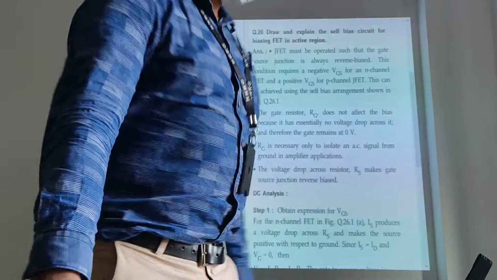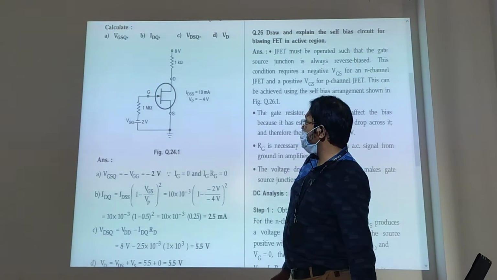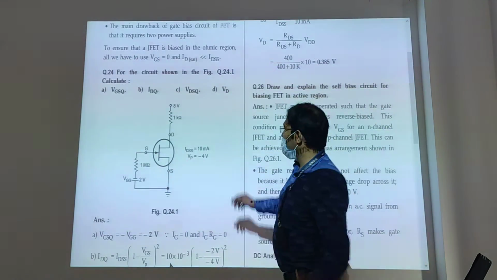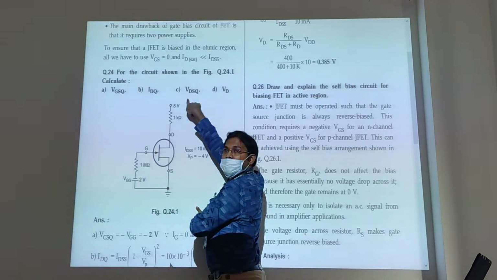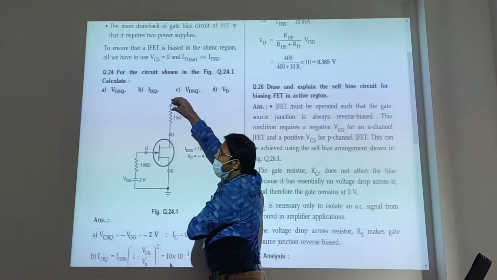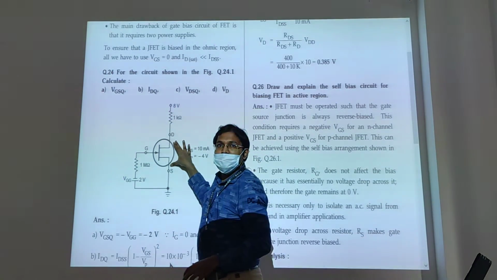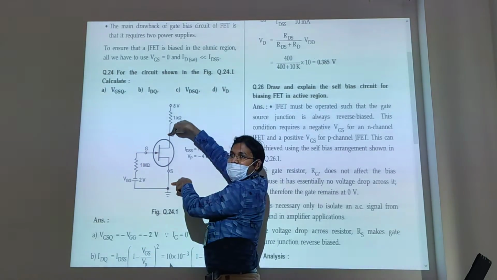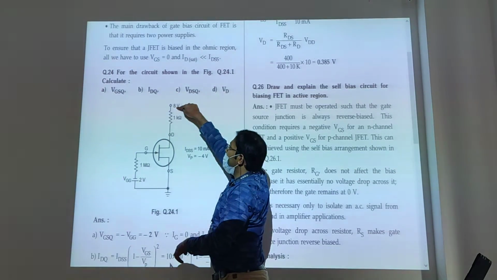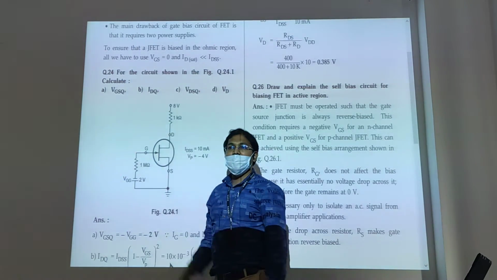Raise your hand. Next, VDSQ. How can we get this? The total supply is equal to this voltage plus this voltage. So this voltage will be the total voltage applied minus this one.